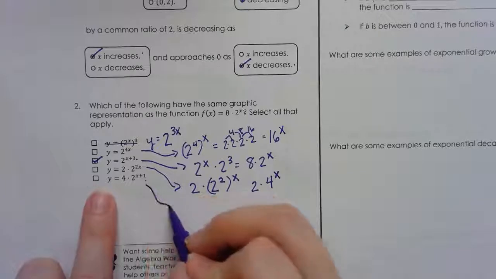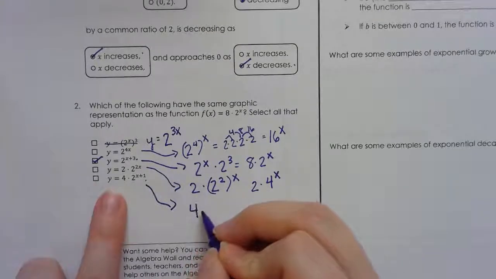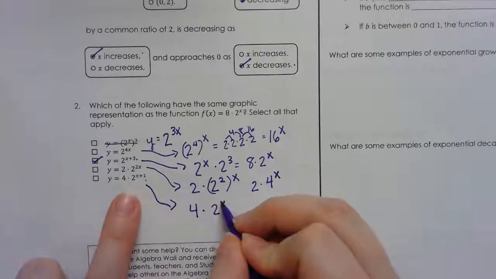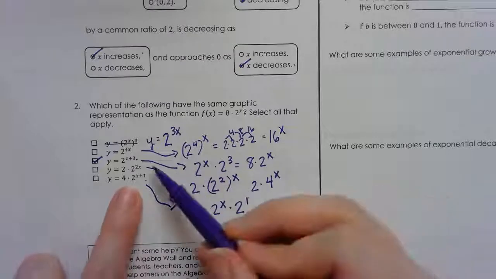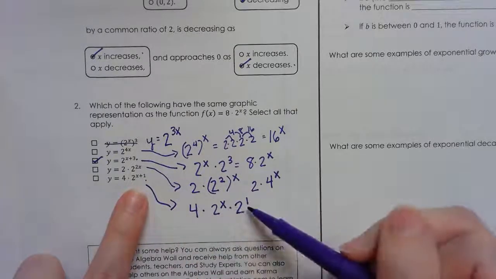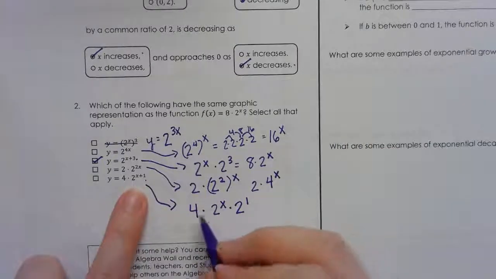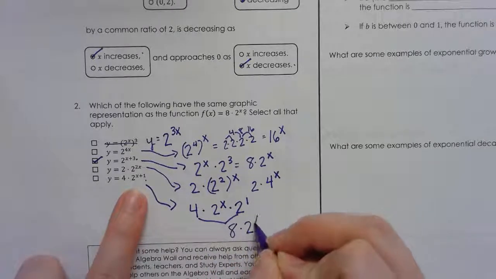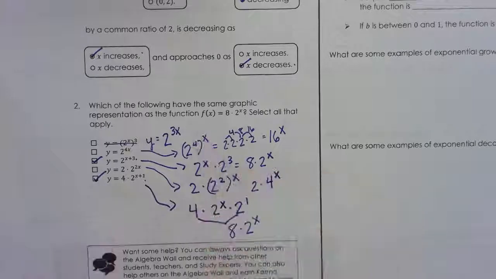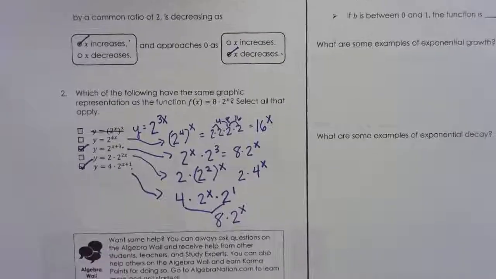And then this last one leaves me with 4 times 2 to the x times 2 to the first, because I have the x plus 1, so I have the x and the 1 with the 2. I could multiply the 4 times 2 to get 8 times 2 to the x. So this is also a viable option that would give you the same graph once you broke it down in order to graph it.